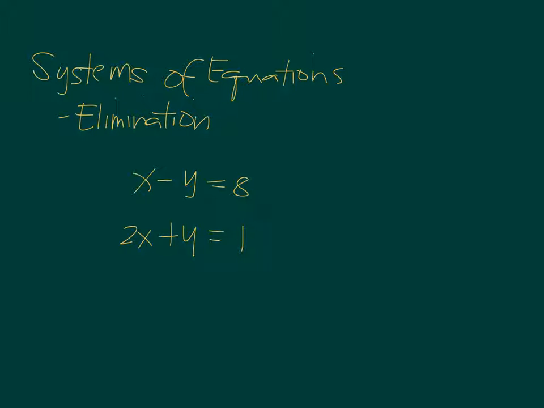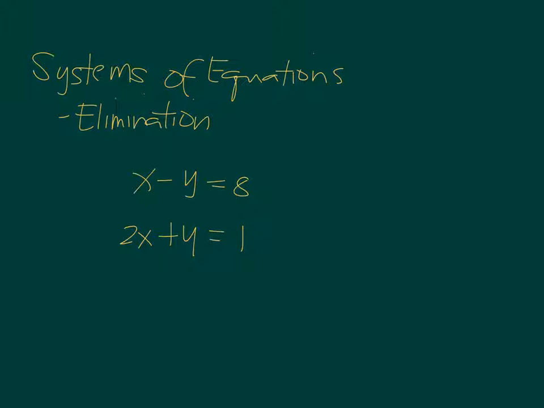In the same way, if I subtract 2x plus y from x minus y, that is the same as subtracting 1 from 8. Again, because the components of the equations are x minus y is equal to 8 and 2x plus y is equal to 1.